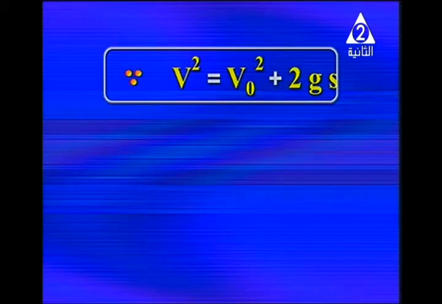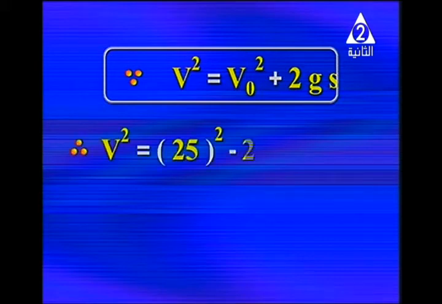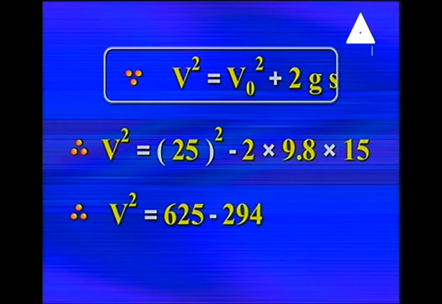Since the third rule of motion, V squared equals V naught squared plus 2GS. By using V naught, initial velocity 25, G 9.8, distance S 15, using the negative sign because the motion is up, then we find the value of V squared by simplifying: 331.